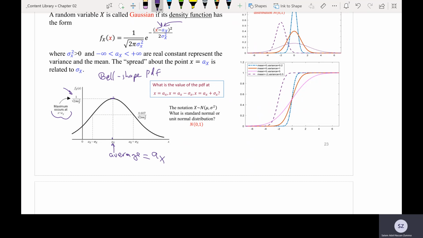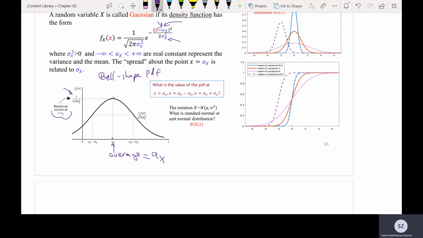Now the second one is what we call the variance. Sigma x squared is the variance. What does the variance mean? Does anyone know the variance? Change, spread. But you know something more familiar than the variance: the standard deviation.